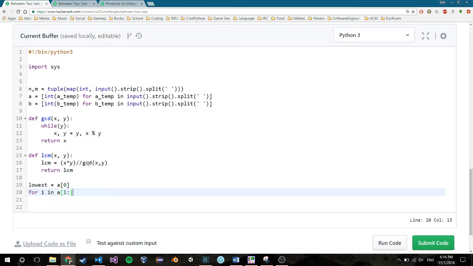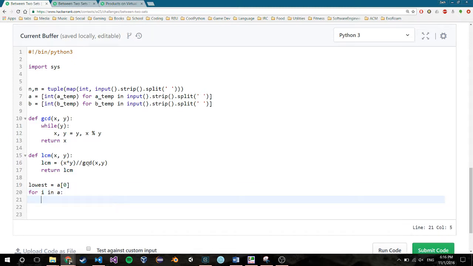Skip the first one. Then just lowest is equal to LCM.